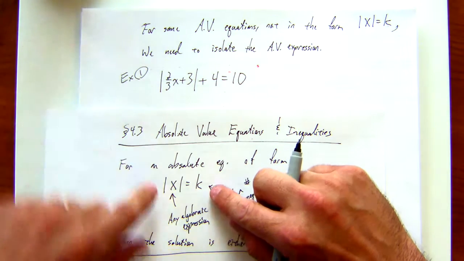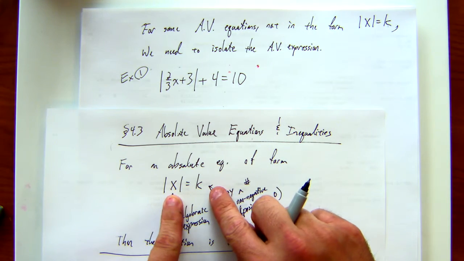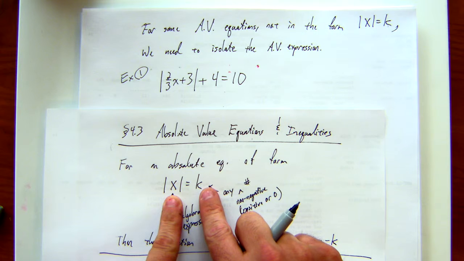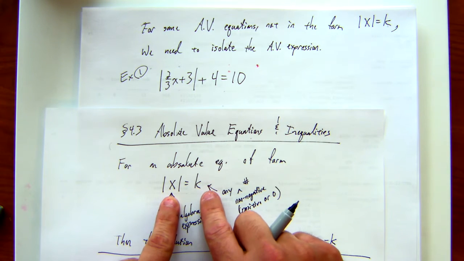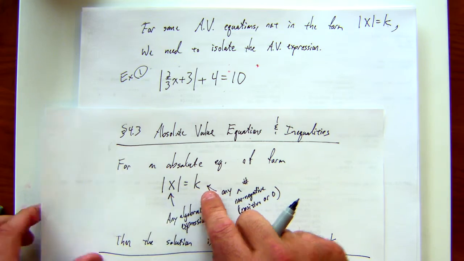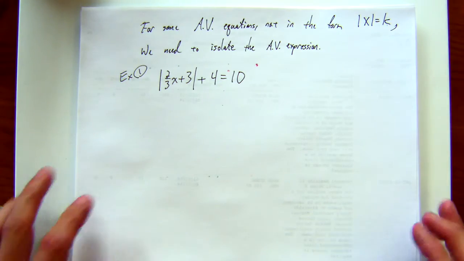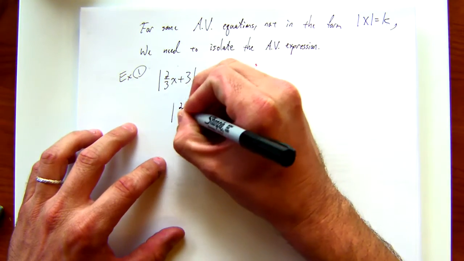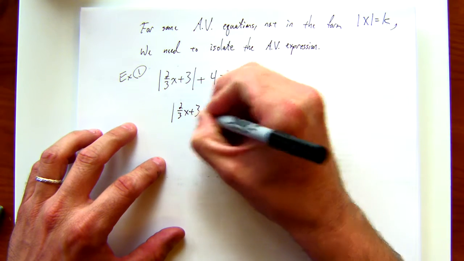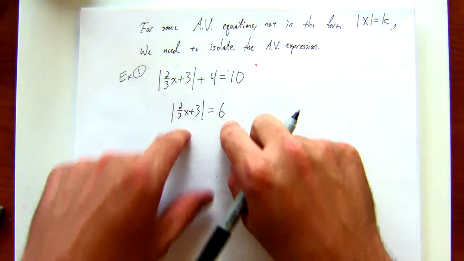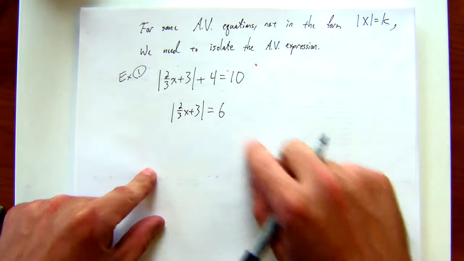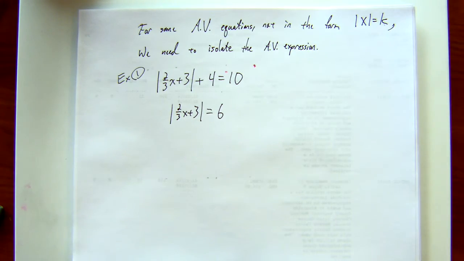Do I have the absolute value all by itself on the left and a number all by itself on the right? No. So I need to get it to look like that before I can solve it. What do I need to do here? Just subtract the 4. The absolute value of 2/3 x plus 3 equals 6. Then you break it up into equal to 6 and negative 6, and then you can solve it.